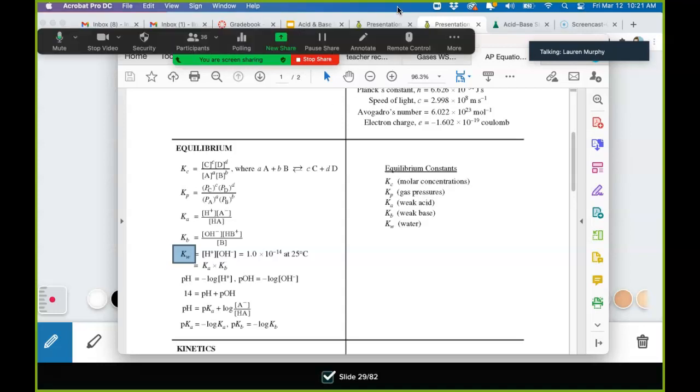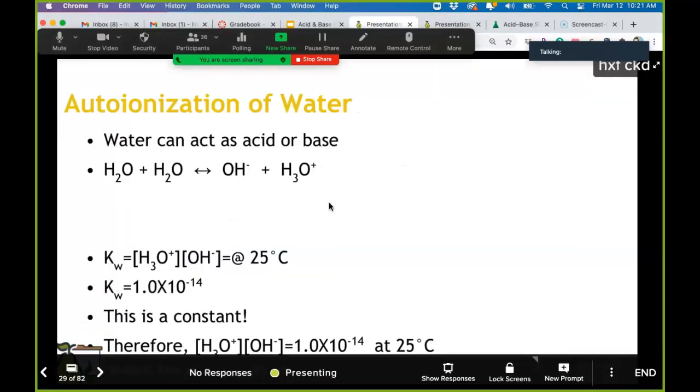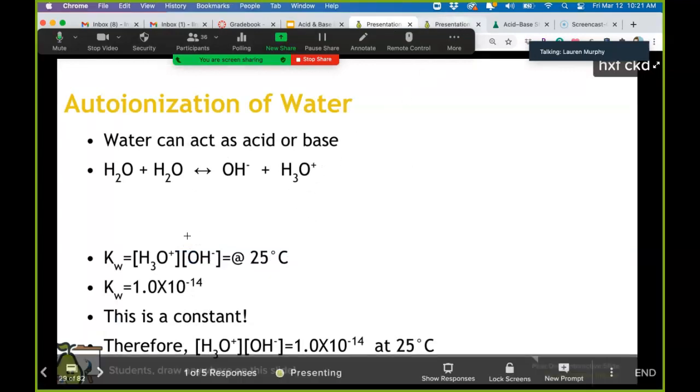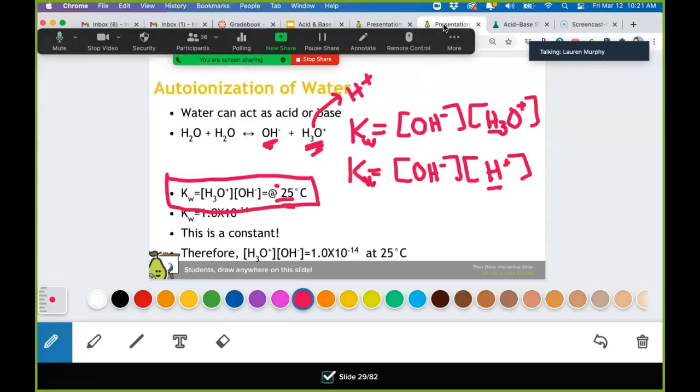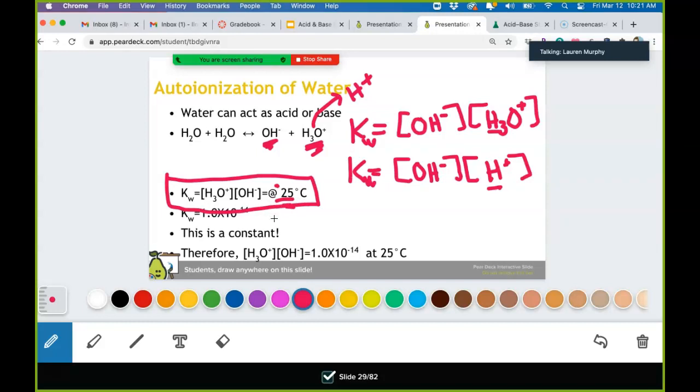Now, let's talk about where this number came from. 1 times 10 to the negative 14th. Well, by definition, we say that water is neutral, okay? And neutrality means hydroxide and hydrogen ion concentration have to be the same. That's what being neutral means.